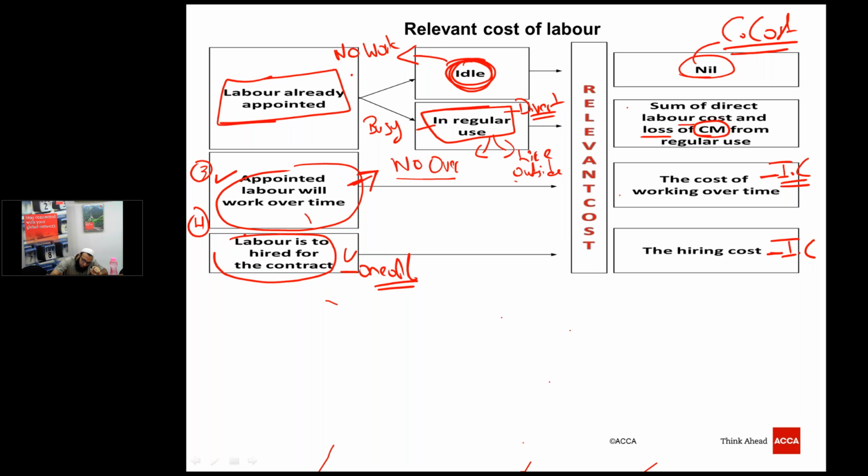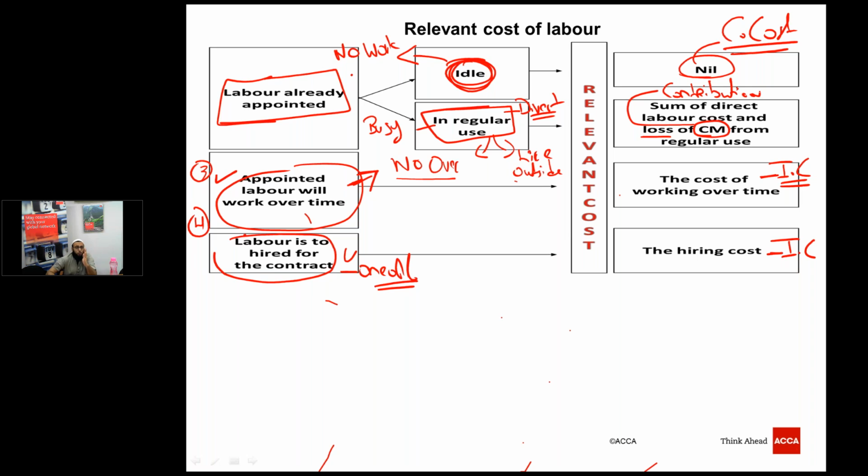You will lose contribution, because once, my friends, you divert the labor from regular work to the one-off contract, your regular work will stop, and you will lose contribution on regular work, and that loss is because of the one-off contract.